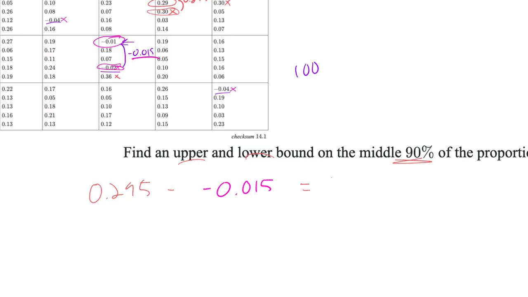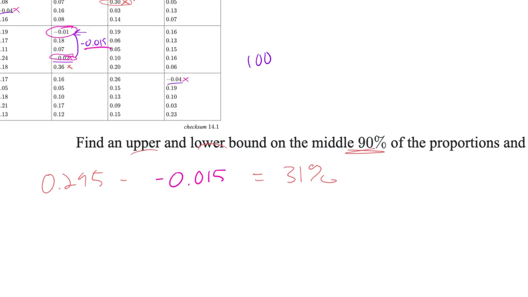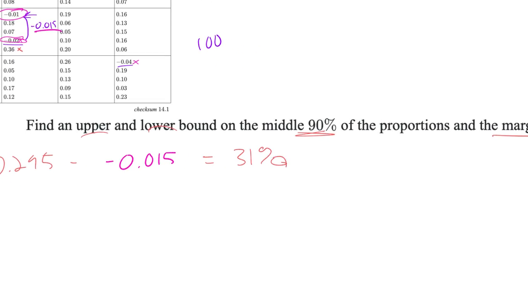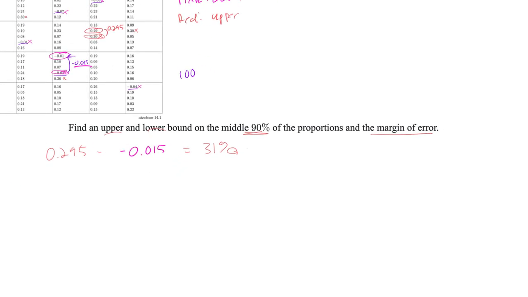So I'm actually going to end up with 31% is my range between the upper and lower bounds, meaning that my margin of error here is going to be plus or minus 15.5% there, which I think you could round, and I think that the book actually does in the answer key, and they call it 16% there. So that is how you'd find that margin of error along with that upper and lower bounds there.